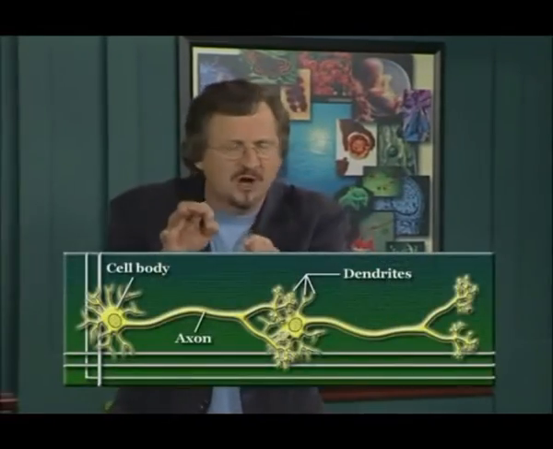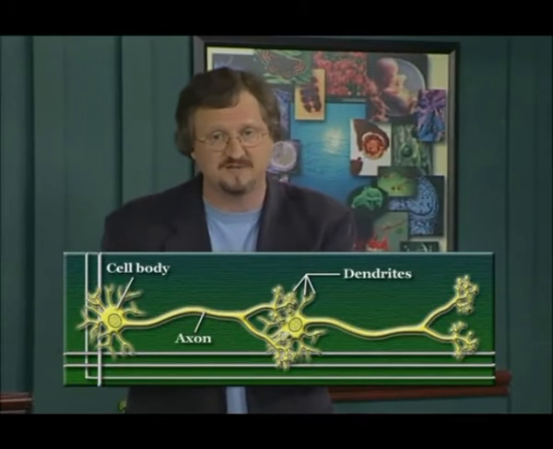Now, there are 4 other points that I want to make about how synapses work that will be useful for our discussion of synaptic processing. The first is to simply remind you that synapses are very small, very specialized, and highly localized structures. Synapses usually occur on, remember, what we called the dendrites, or the cell body of a neuron.